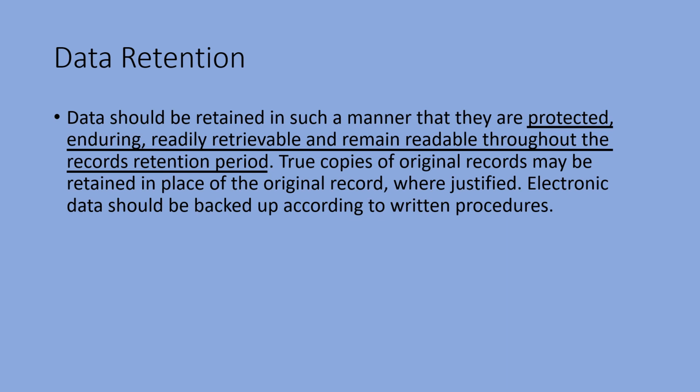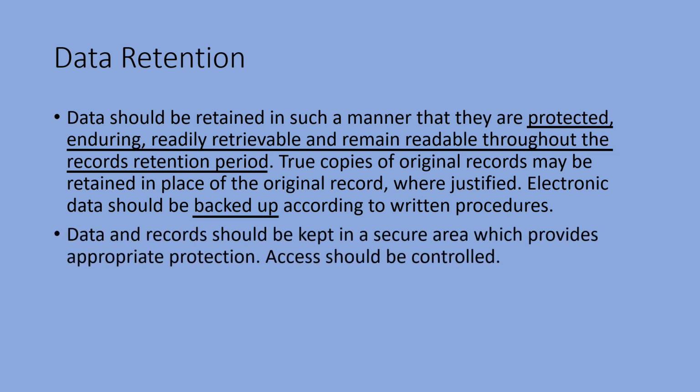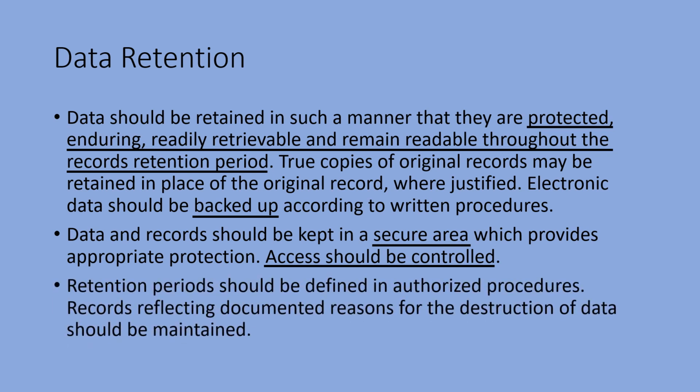Electronic data should be backed up according to a written procedure. Data and records should be kept in a secure area which provides appropriate protection. Access should be controlled. Retention periods should be defined in authorized procedures.